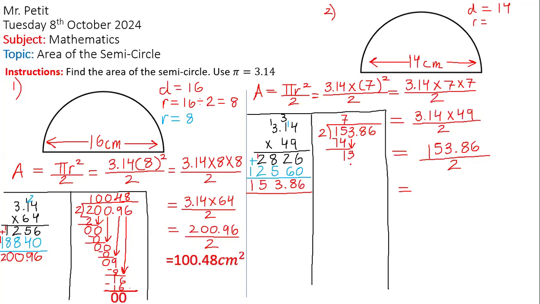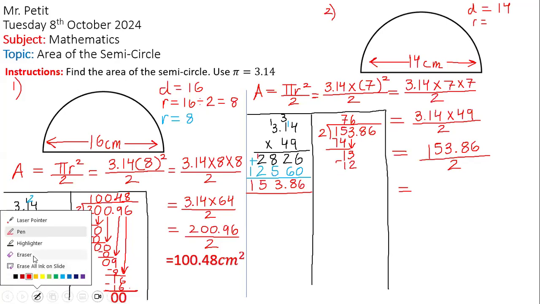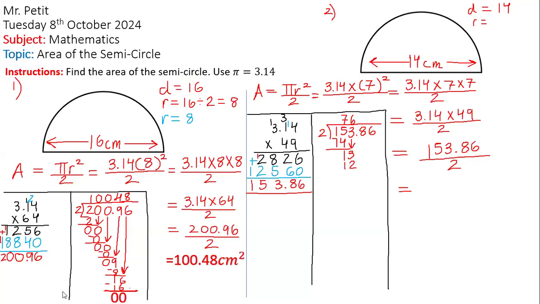How many times does 2 go into 13? 6 times. 2 times 6 is 12. 13 minus 12 is 1. We bring down the 8.